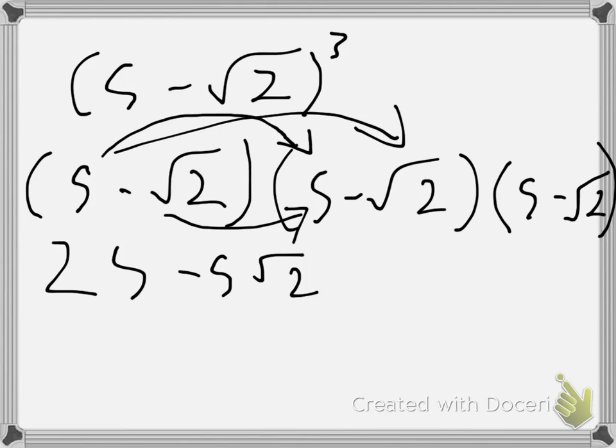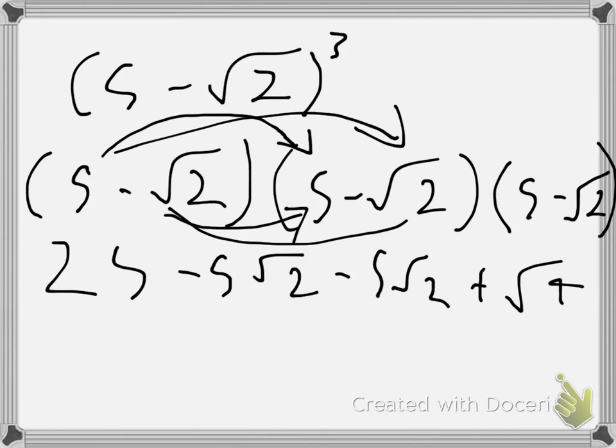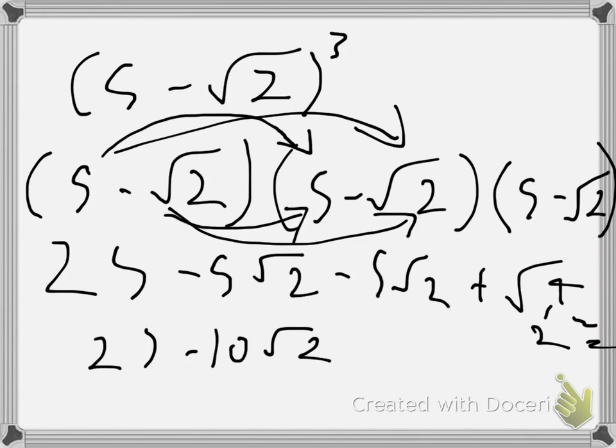You're going to get another set of that, negative 5 square root of 2, and you're going to get plus square root of 4 by distributing that. So once I simplify all this down, I'm going to have to bring out that 2 there. So I'm going to have 27 minus 10 square root of 2.